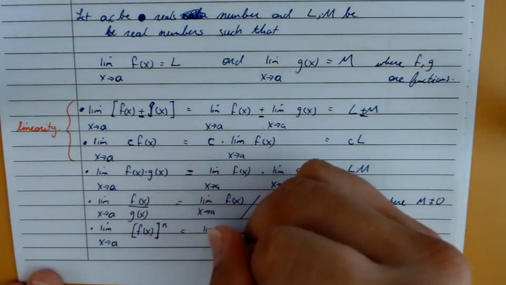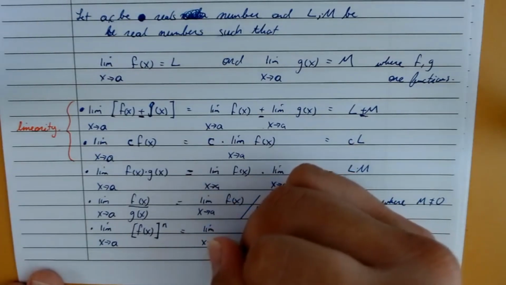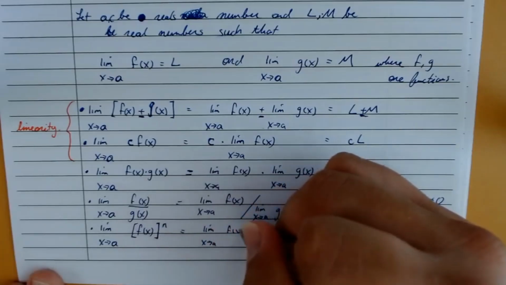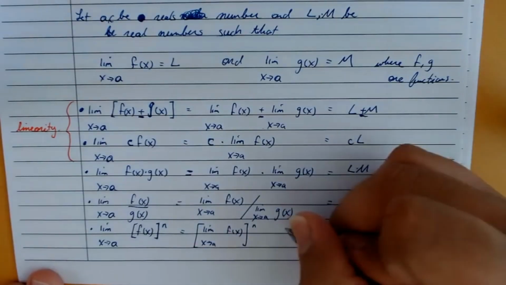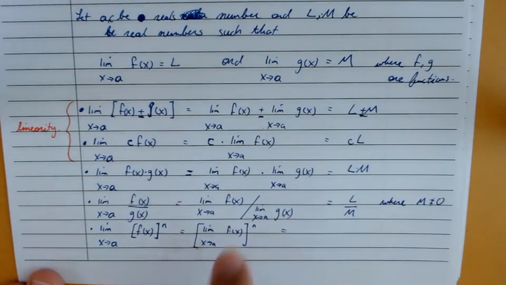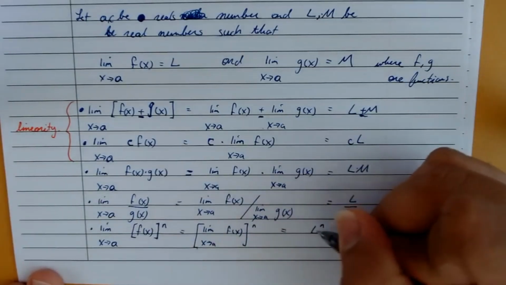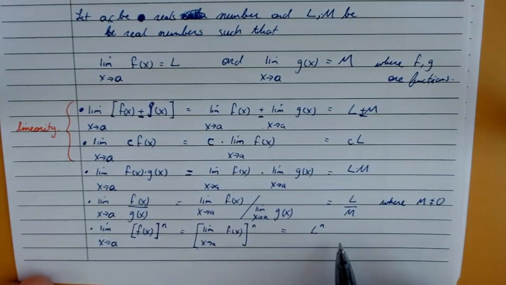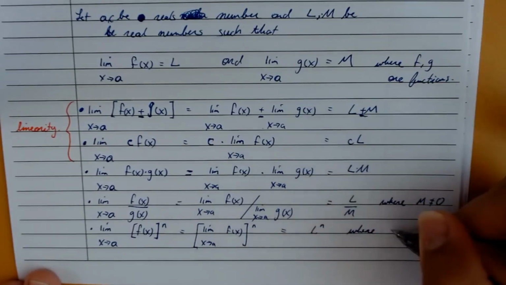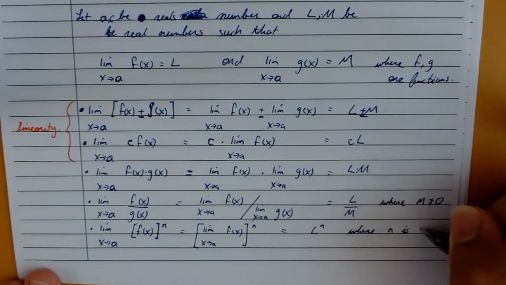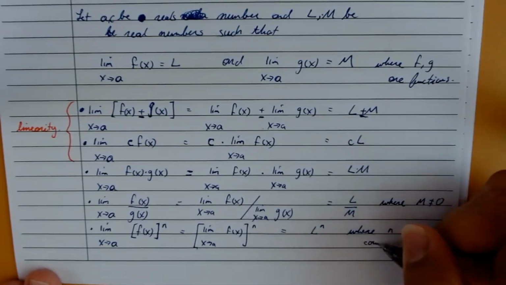That's going to be the same as if you take the limit as x approaches a of f of x first, and then take that whole thing raised to the power of n, which is going to be the limit L raised to the power of n. Here, the n has to be a counting number, 1, 2, 3, 4, 5, and so forth, where n is a counting number.